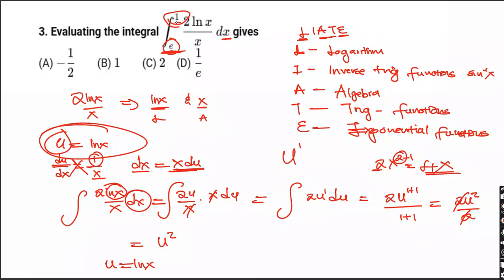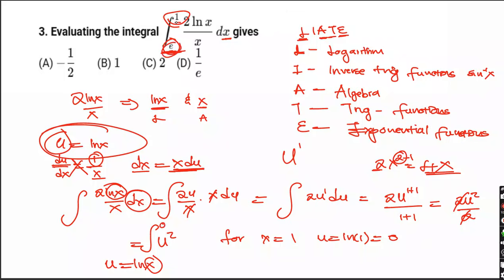If x is equal to 1, u is equal to ln 1, and this is just going to give us 0. So that is now going to become our upper value, 0.